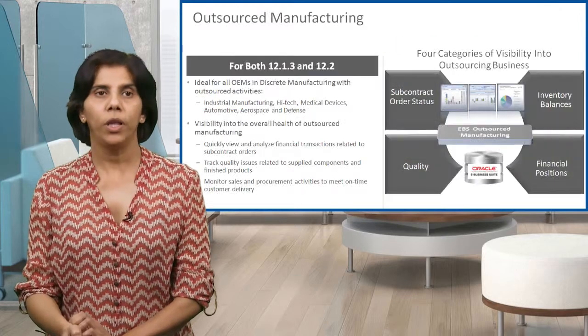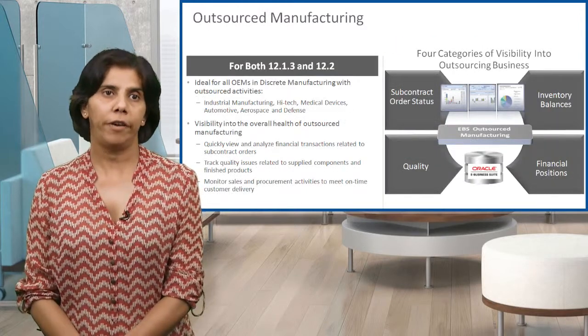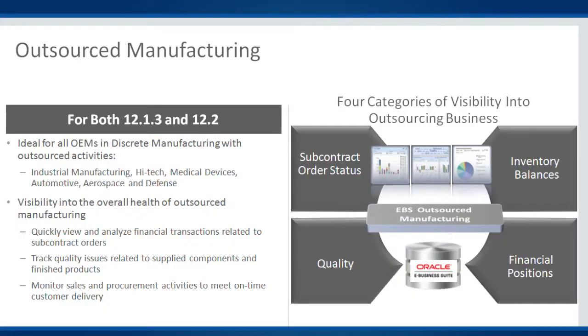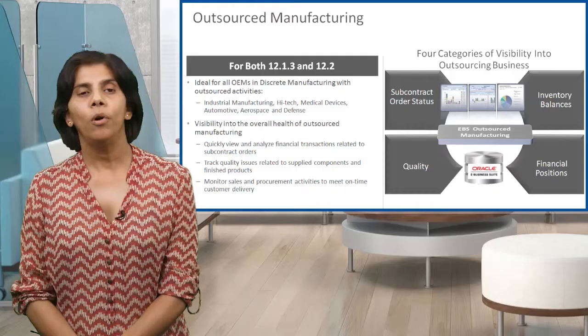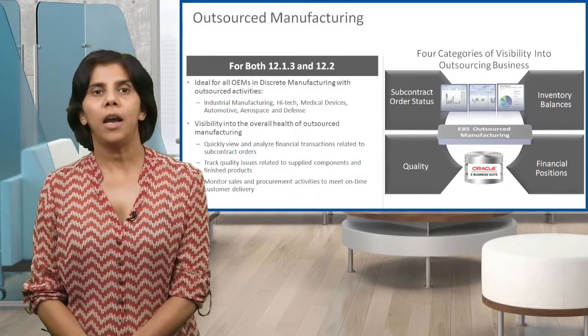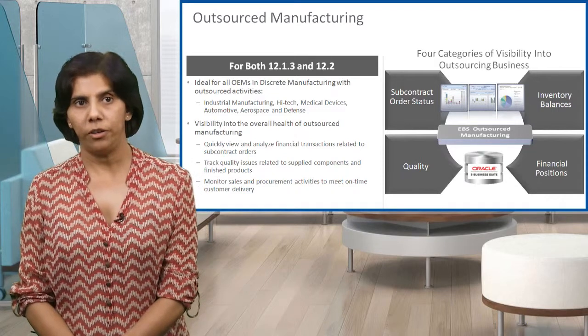So let me start with the first new offering, outsourced manufacturing. This is a product intended for the manufacturing companies who do business with contractors either for partially or fully outsourcing their manufacturing operations.